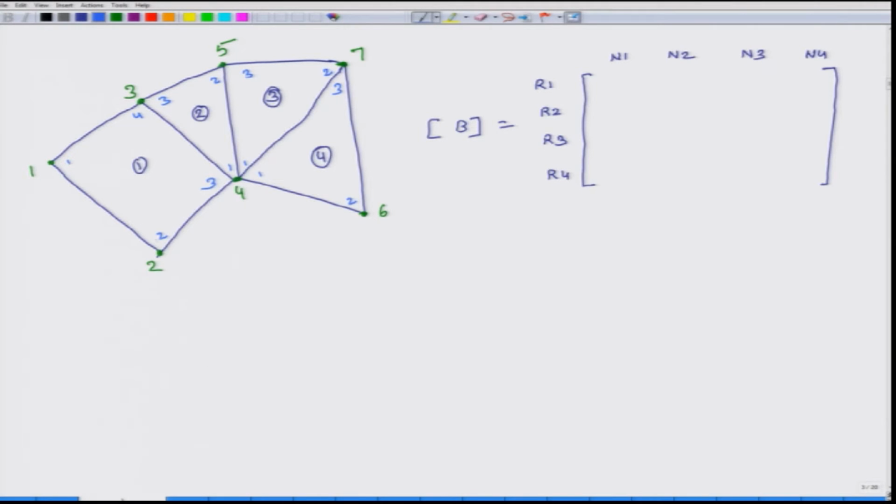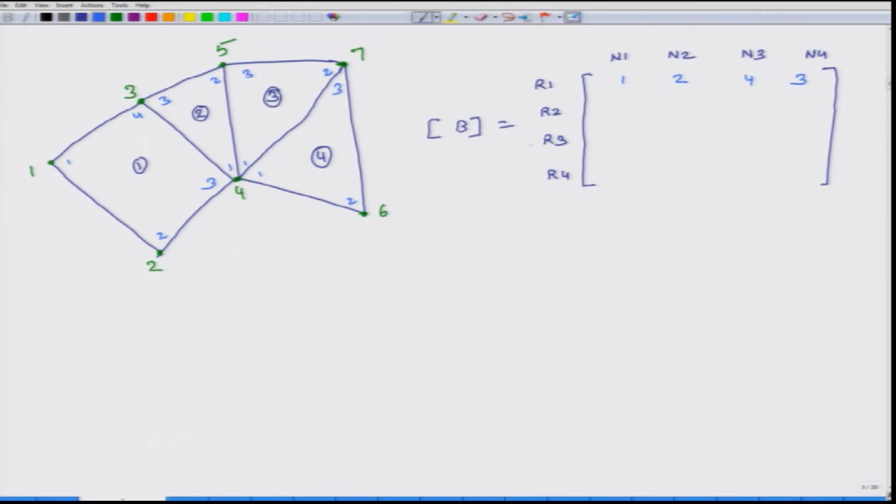It will be 1, 2, 4 and 3. Agreed? Because the first local node's global number is 1, the second local node's global number is 2, the third local node's global number is 4 and the fourth local node's global number is 3.